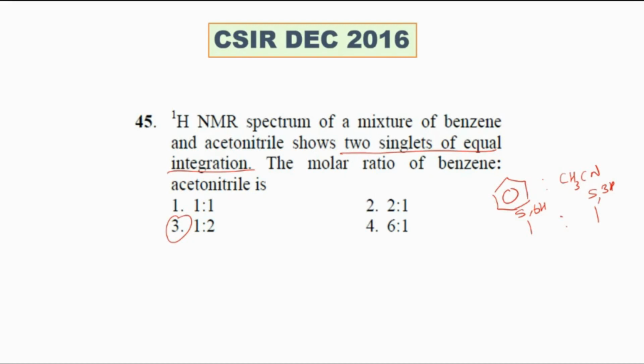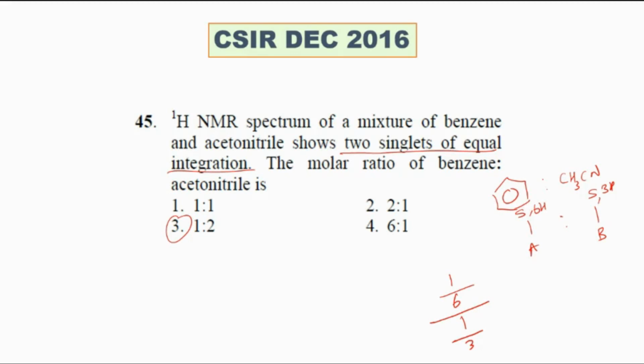So suppose this is compound A, and this I say B. The peak integration of compound A is 1, divided by the number of protons on compound A, 6, divided by the peak integration of compound B, which is also 1, by the number of hydrogens in acetonitrile, which is 3.